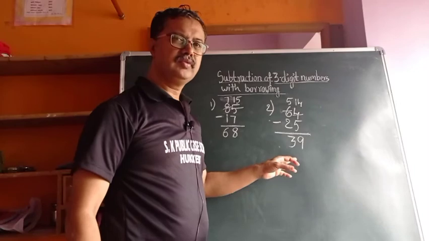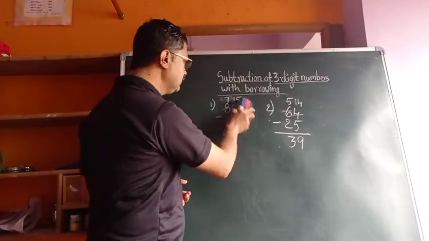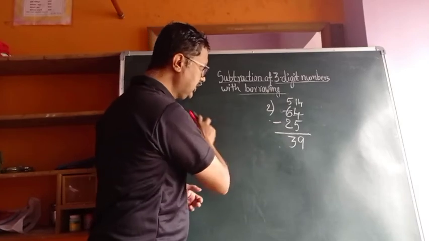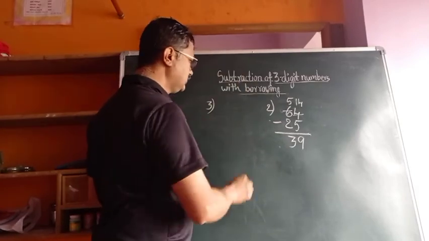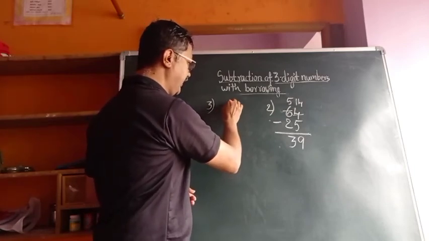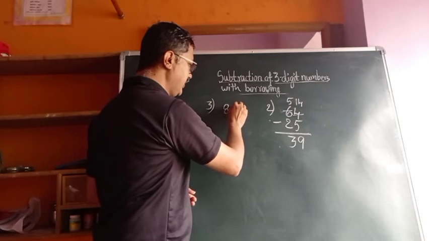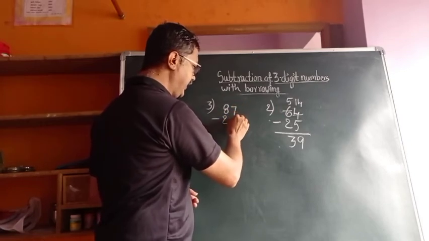This is the type we have to solve. Third one, 87 minus 28.